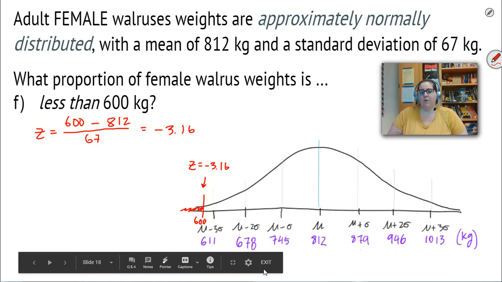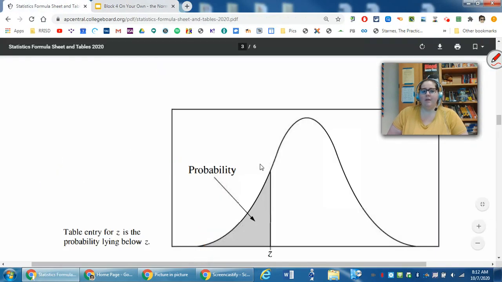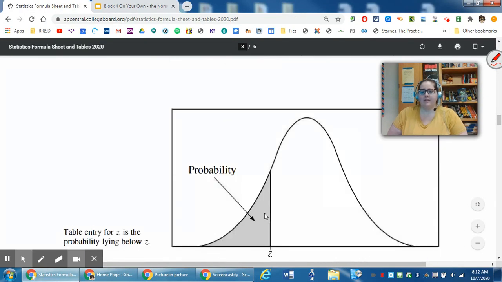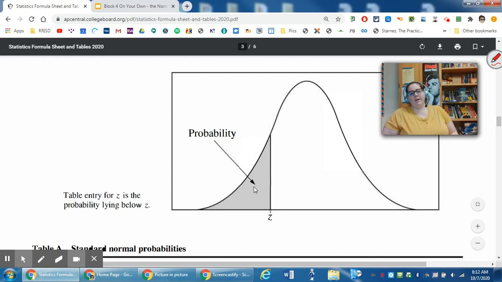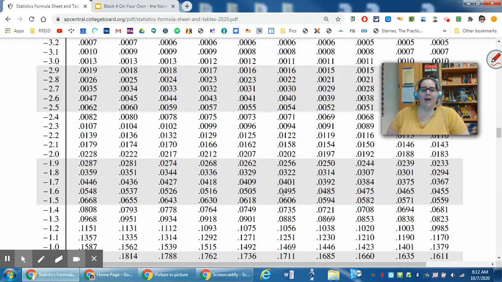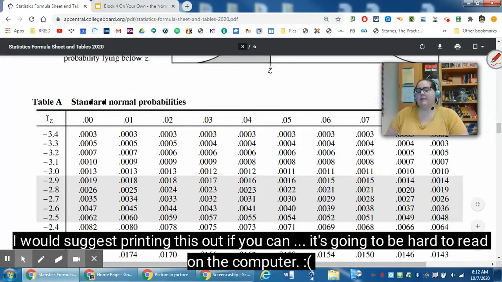Okay, so once I have that z-score, I'm going to open up my z-table, which looks something like this. So your z-table is giving us the area, the percentage that is below or to the left of a certain z-score. So I have a whole bunch of numbers along the left-hand column and upper row. That is basically z-scores.